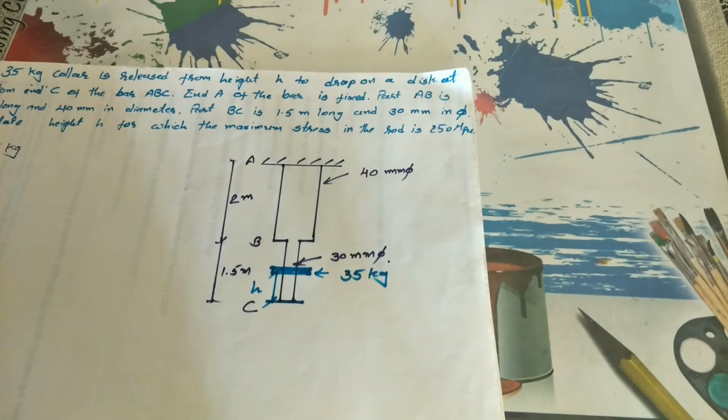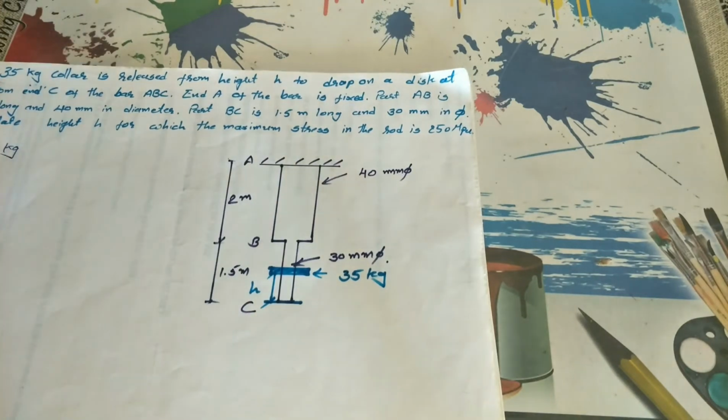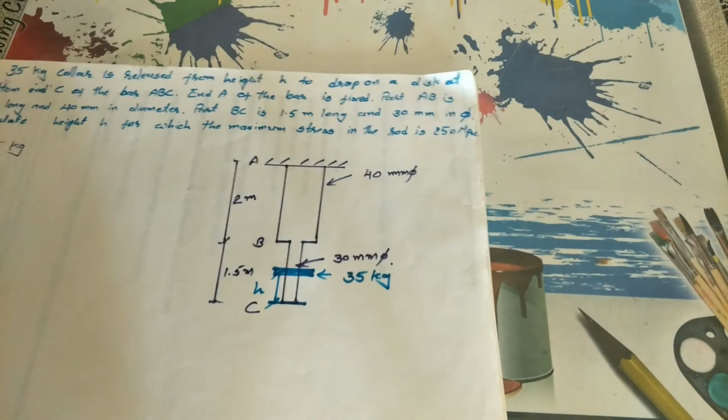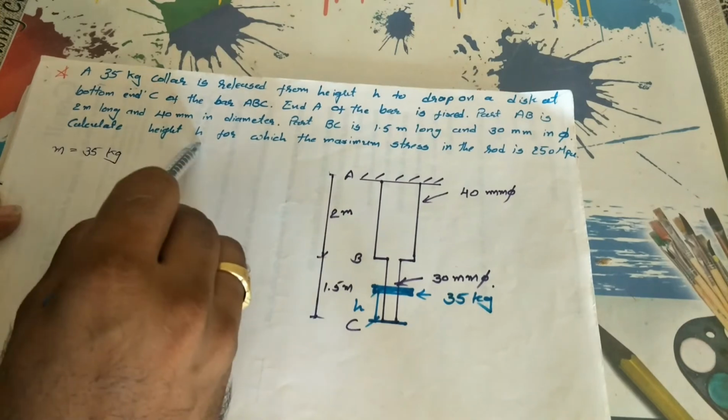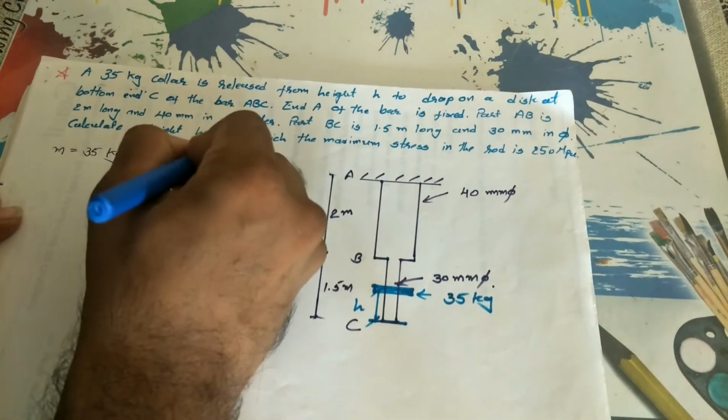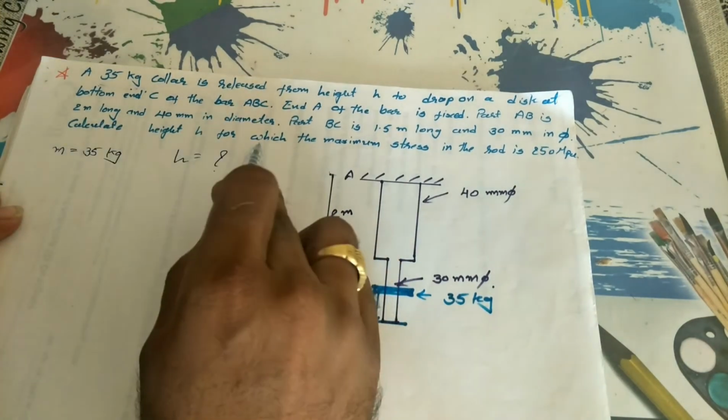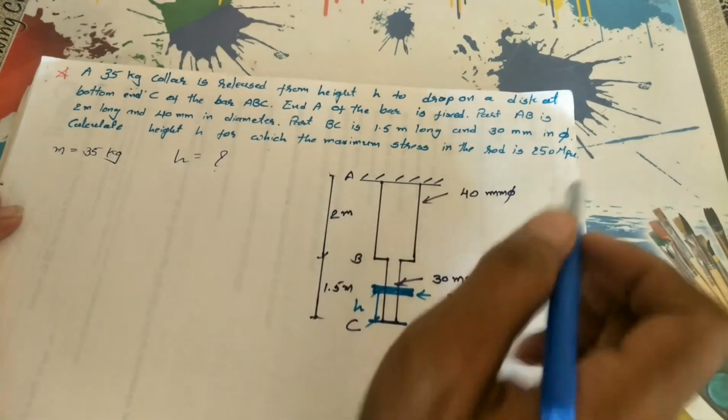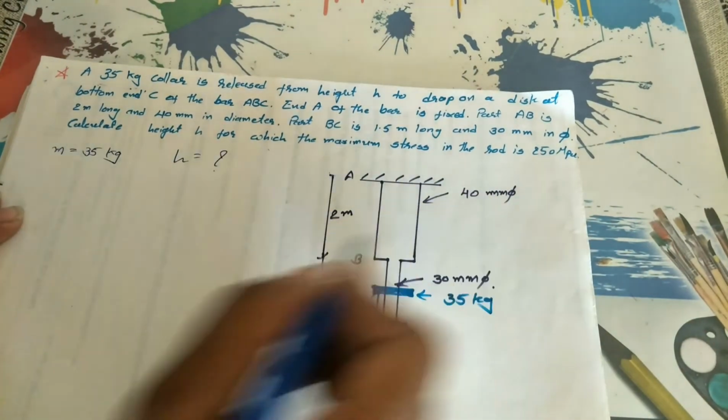So calculate the height h for which the maximum stress in the rod is 250 MPa. The height is the question mark that we have to calculate, and the maximum stress induced in the rod is 250.